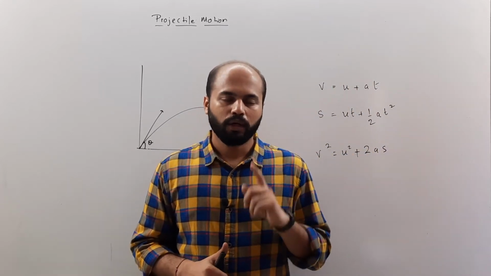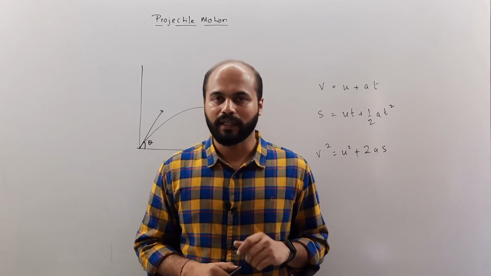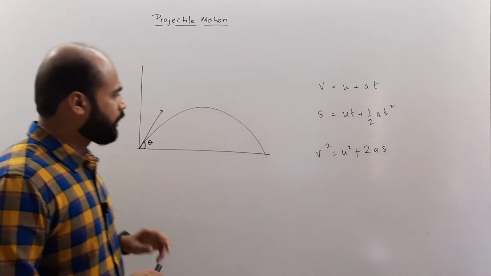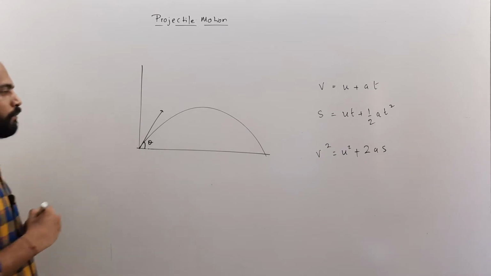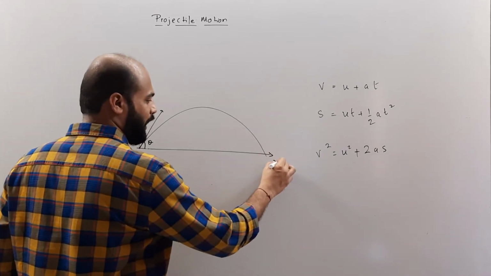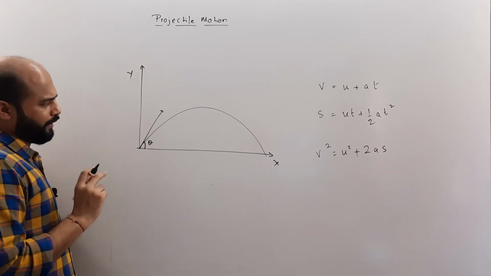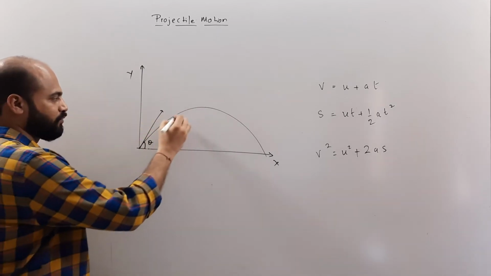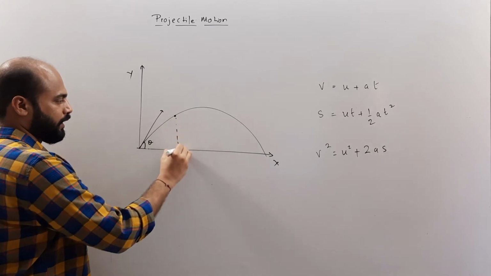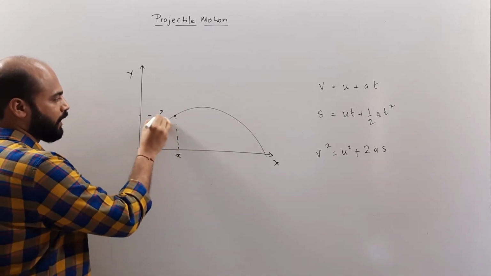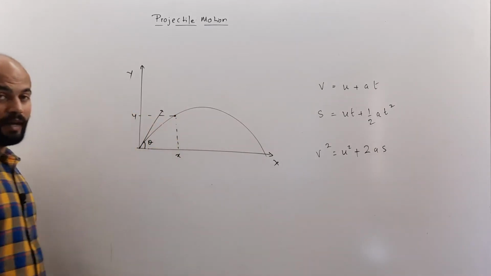But what if the particle is travelling in two directions simultaneously? For example, if you consider the projectile, then this is the x-axis and this is the y-axis. Given a particular point, if you take a random point in this trajectory, for example this point, it will have some x and some y simultaneously.